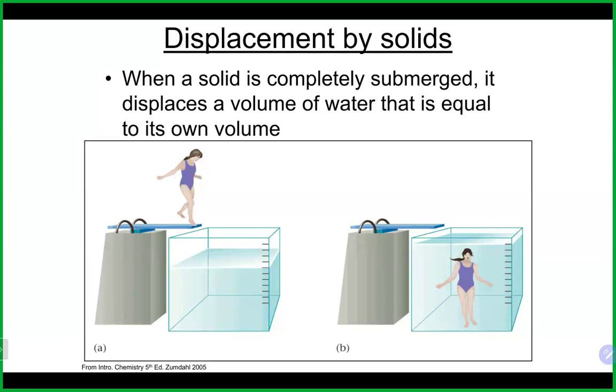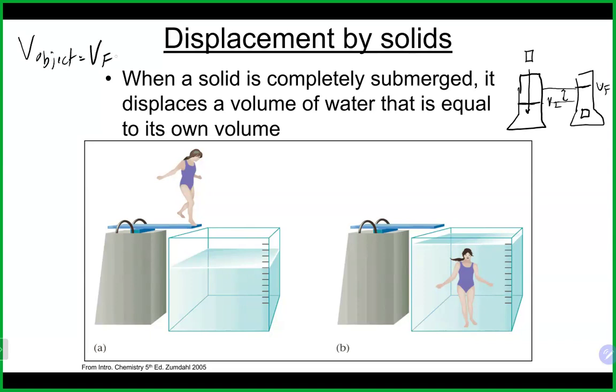So for example, if we took a graduated cylinder like you're going to use today, and you had an initial volume, you take a solid and drop it in, what will happen is that the liquid level should rise with the solid in there, and that would give you a final volume reading. Basically, the difference between those two volumes would be the volume of the object, our final volume minus our initial volume.